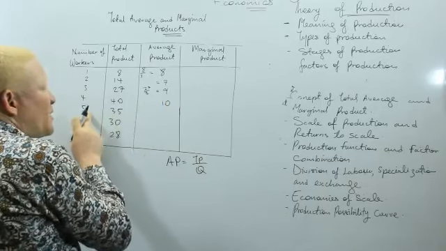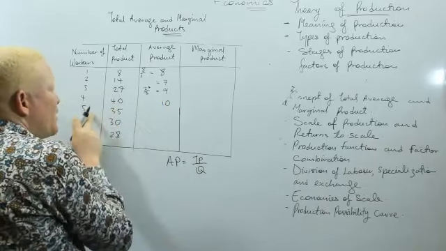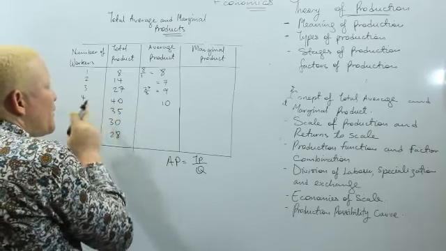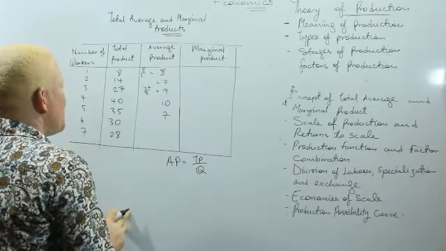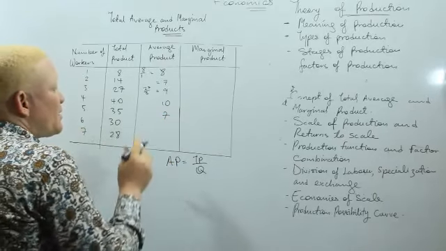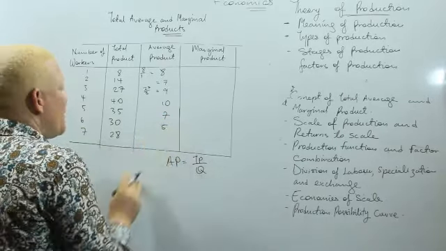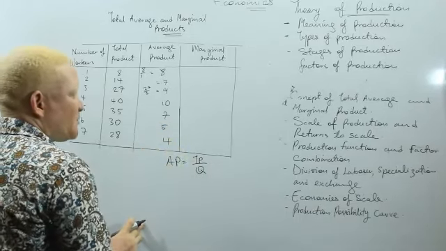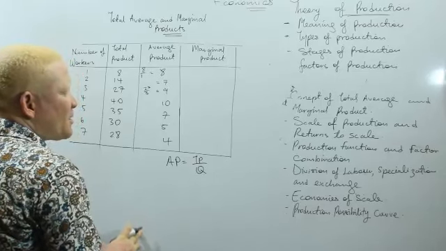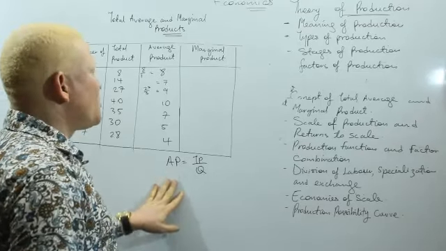That's total product divided by the number of workers, 35 divided by 5. We've got 7. The next one, 30 divided by 6, we have 5. Then the next one, 28 divided by 7 is 4. That's the column for average product.